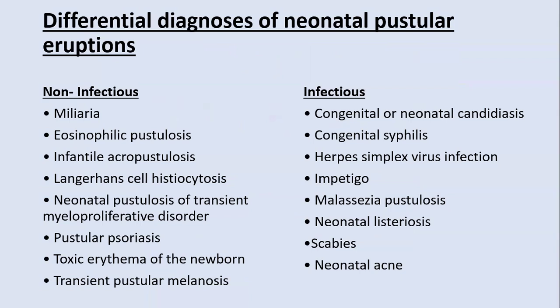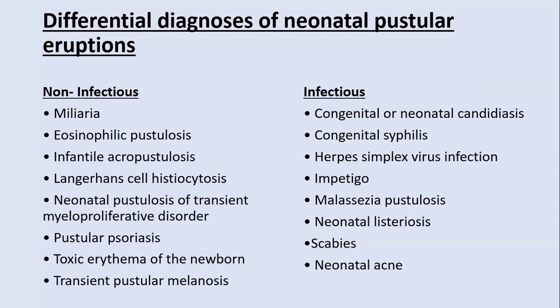Before I talk about any specific disease, let's first go through this table. This table shows the differential diagnosis of neonatal pustular eruptions. So you can see that the neonatal pustular eruptions are divided into two major categories: the infectious causes and the non-infectious causes.